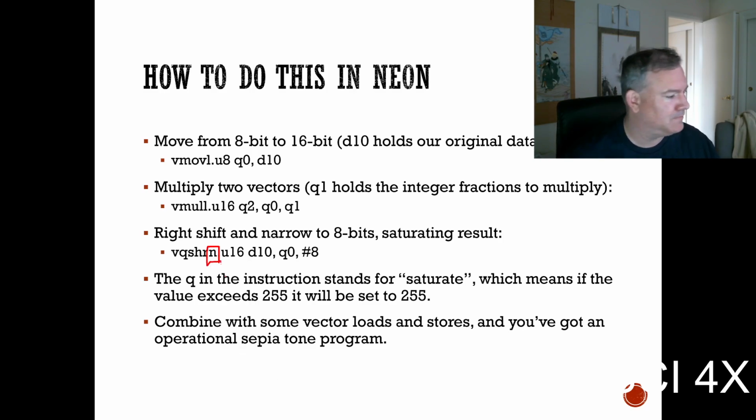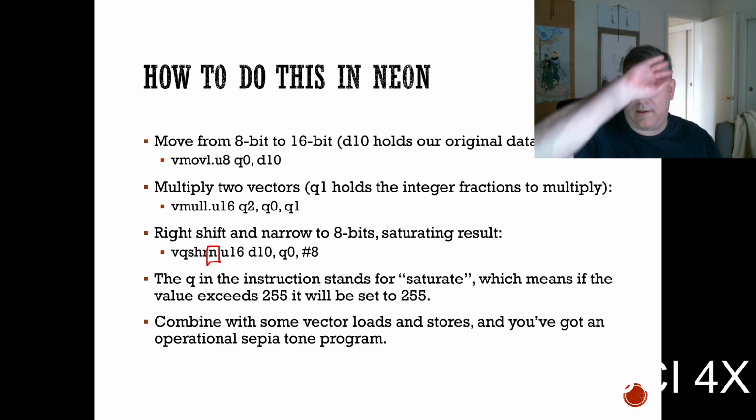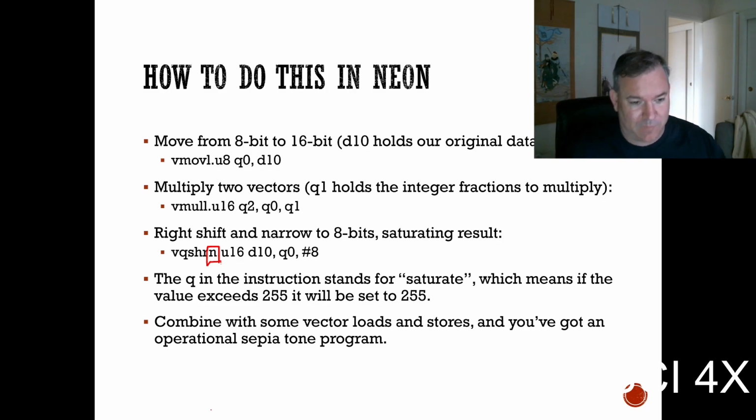So the N means narrow. Okay, so what does saturation mean? Well, in this case, the saturate is not going to do anything. But this is an example of where assembly can do something. What if you didn't narrow? Then this wouldn't compile. The reason for that is this is 256 bits and that's 128 bits, and you can't copy 256 bits into 128 bits.